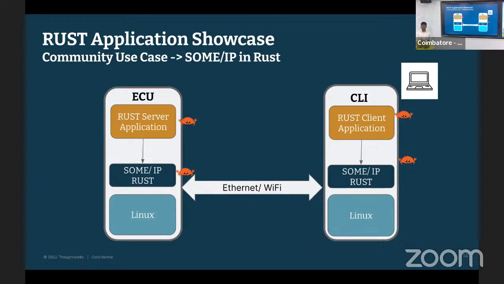We can do benchmarking, and I'm sure that using Rust will be much more efficient compared to C++, and we will also avoid lots of memory bugs. So that is our next direction: moving into SOME/IP implementation in Rust.